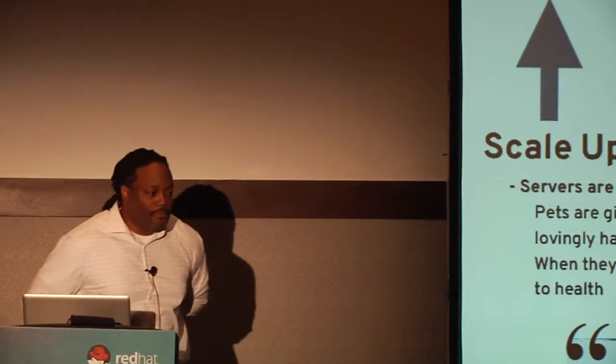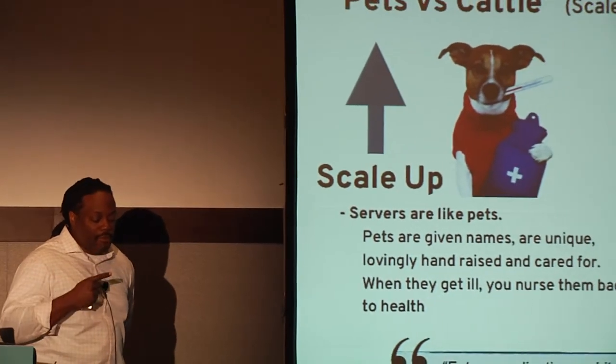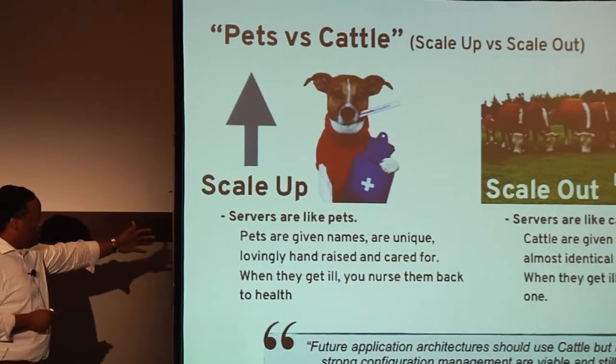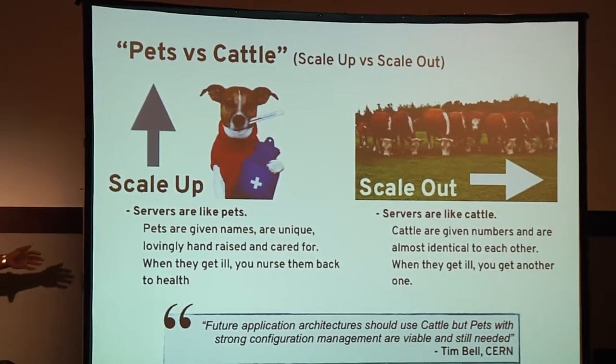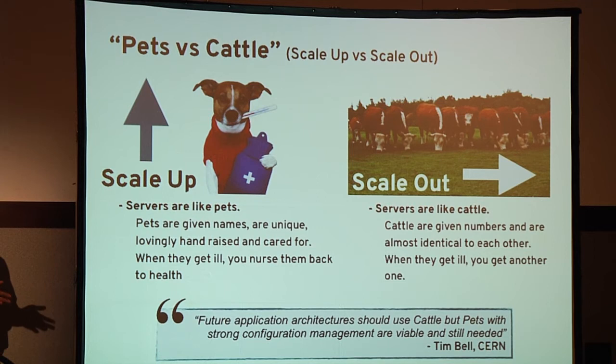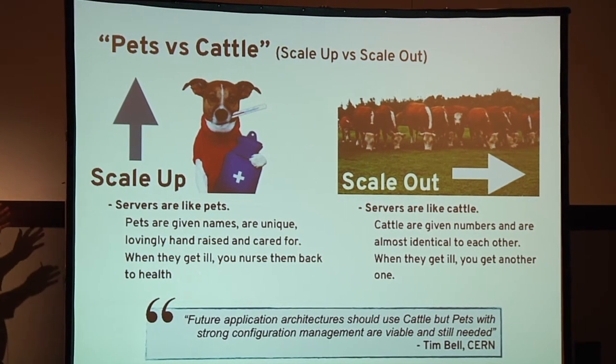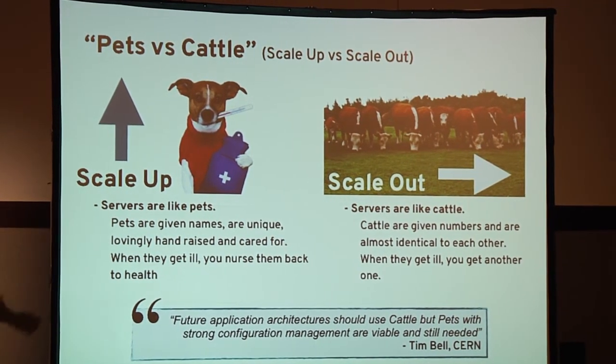All right. So this is the famous pets versus cattle analogy. This was talked about briefly in the morning session. And this quickly illustrates the thinking behind the two models. On a scale-up model, if you had Oracle running and you needed more RAM, you would just give the virtual machine more RAM. It's scale up, okay? So you treat that server like a pet. I heard this dog answers to the name Ellison.